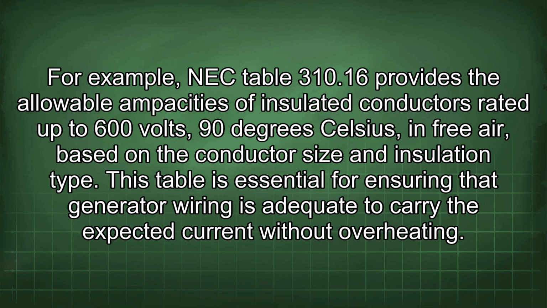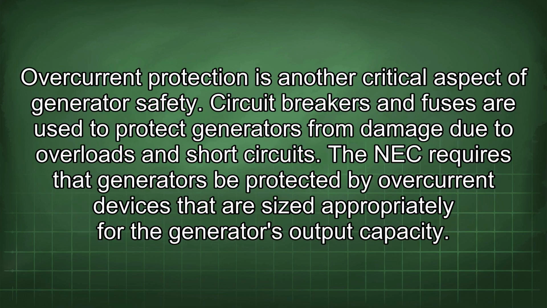This table is essential for ensuring that generator wiring is adequate to carry the expected current without overheating. Overcurrent protection is another critical aspect of generator safety. Circuit breakers and fuses are used to protect generators from damage due to overloads and short circuits. The NEC requires that generators be protected by overcurrent devices that are sized appropriately for the generator's output capacity.